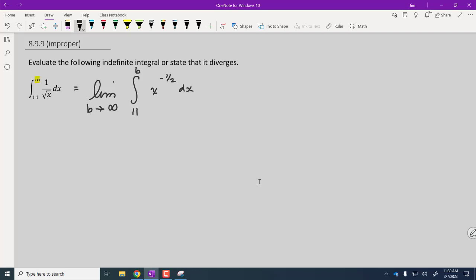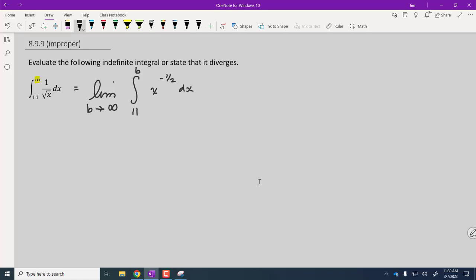So before we actually do the evaluation, let's think about whether we're expecting convergence or divergence. For all of these reciprocal looking functions, 1 over x to the 3/2, 1 over x to the 1/2, you are thinking of something that looks kind of like that.